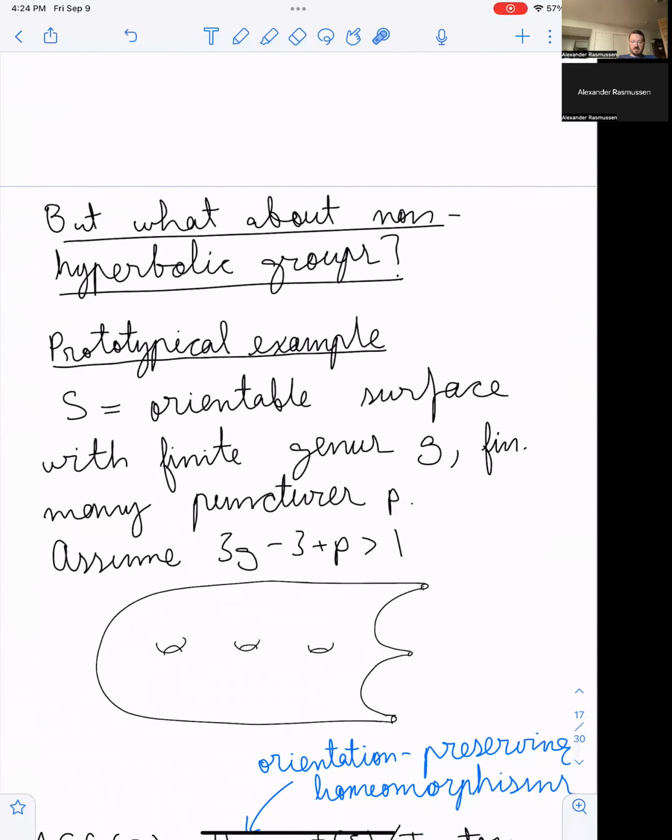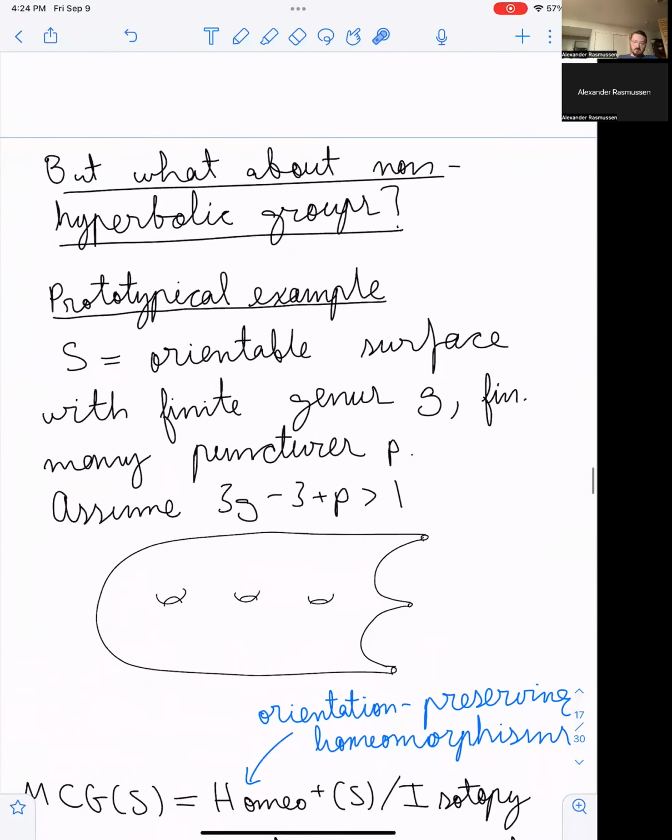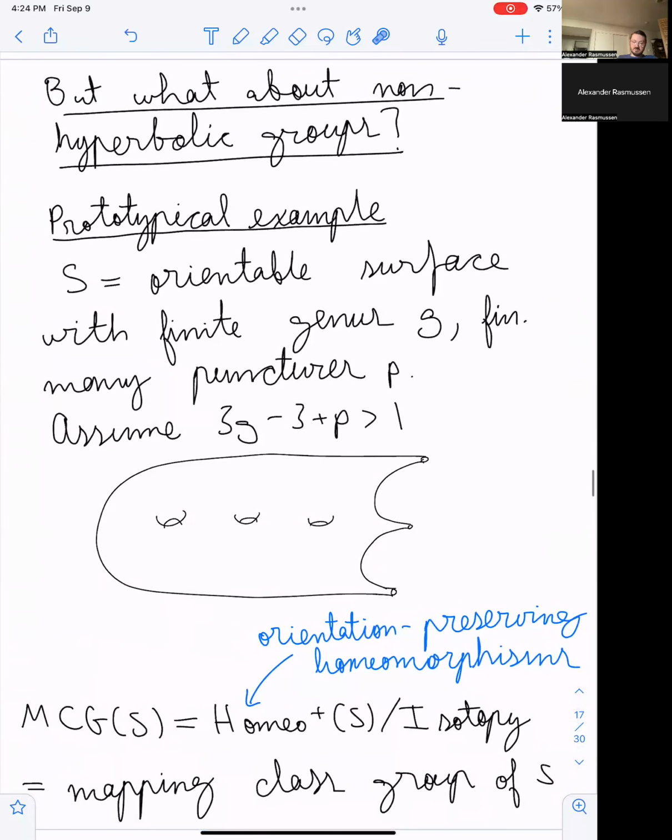So here's the prototypical example, which is going to be the mapping class group. So here we're going to look at some surface that's going to be orientable. I'm going to assume that it has finite genus, finitely many punctures, and I'm going to assume that the complexity of the surface is sufficiently high.